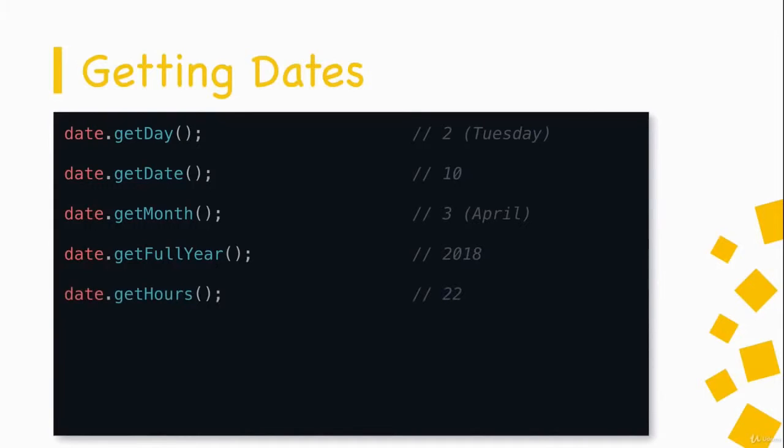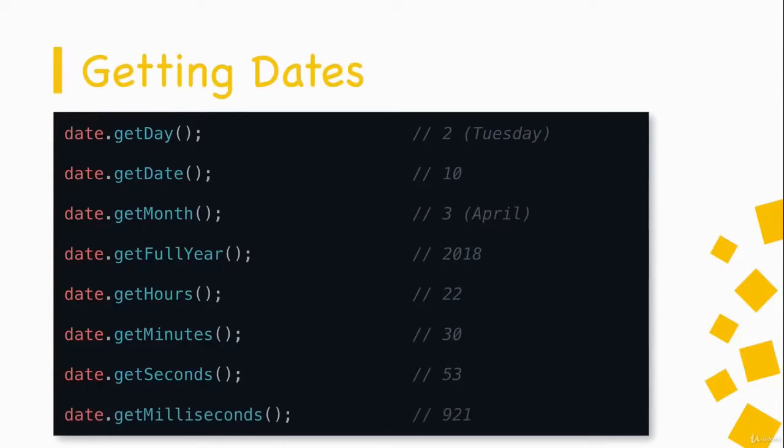We also have getHours. So in this case, .getHours gives us 22, because remember in the previous example, the hours was 22. Of course, we have getMinutes, which gives us the minute of the date object, which is 30. And we have getSeconds as well, which is 53 seconds in this case. And although we didn't see it in the previous example, we also have getMilliseconds.